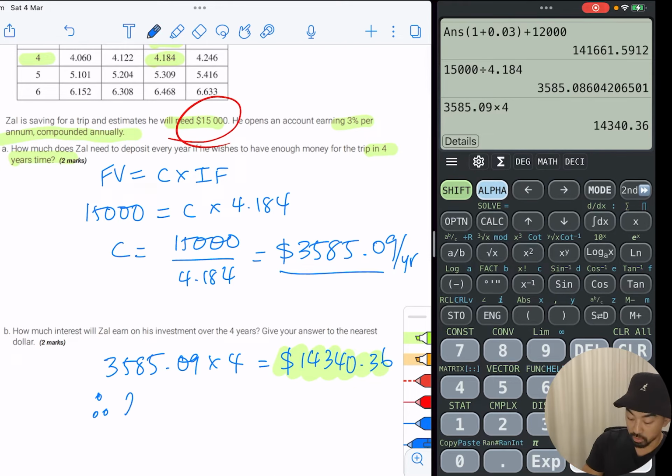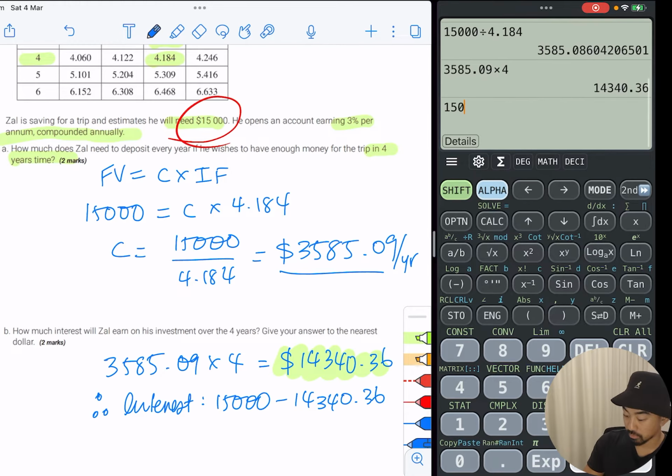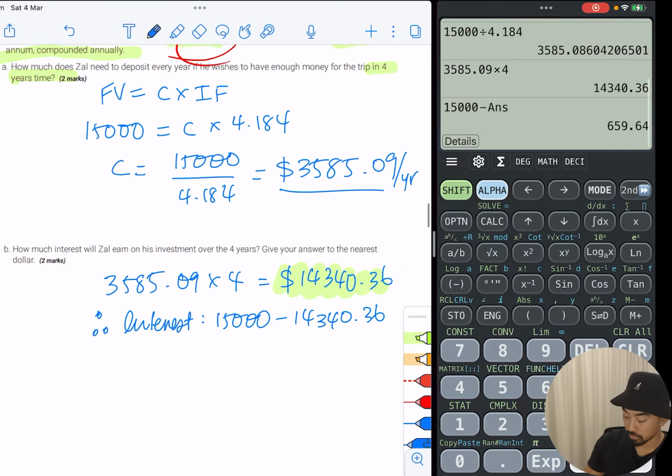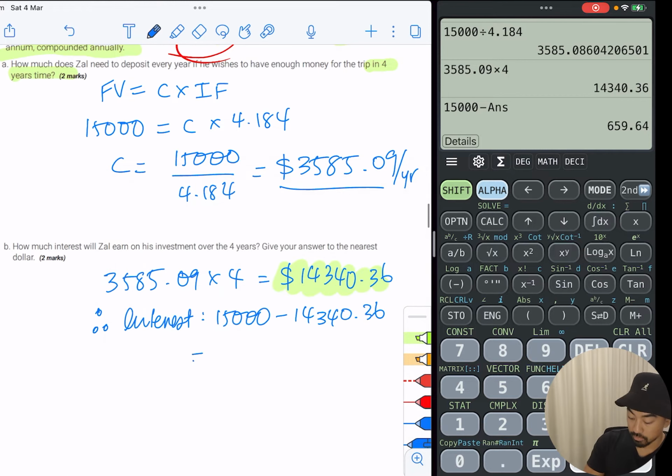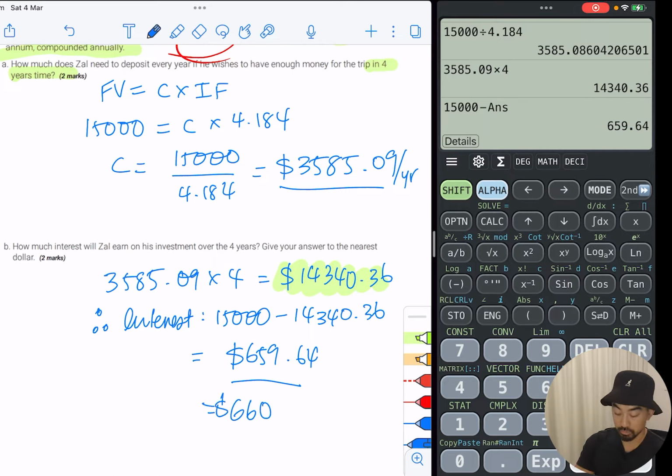So therefore, the interest is 15,000 minus 14,340.36, which is $659.64. Okay, or to the nearest dollar is $660. Okay, cool. Let's go on to the next one.